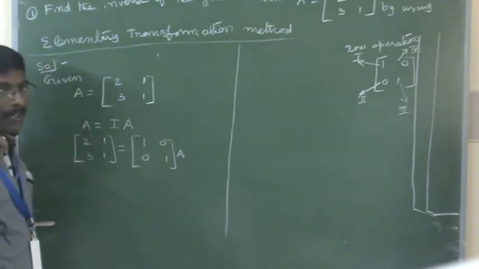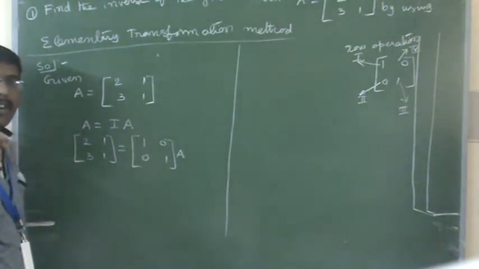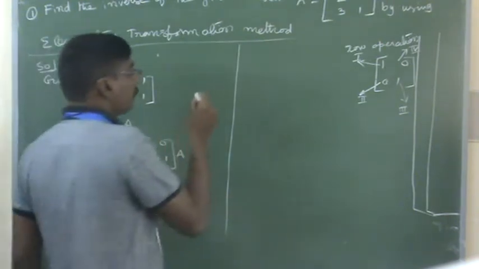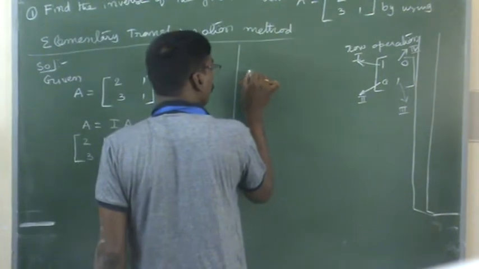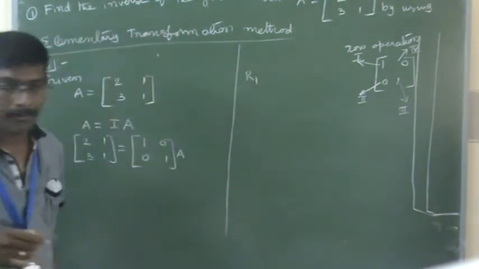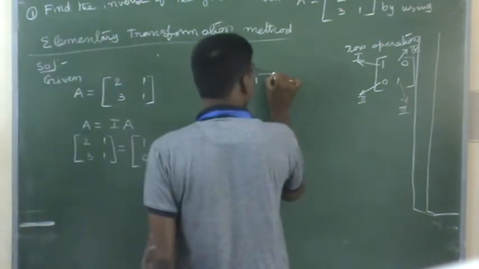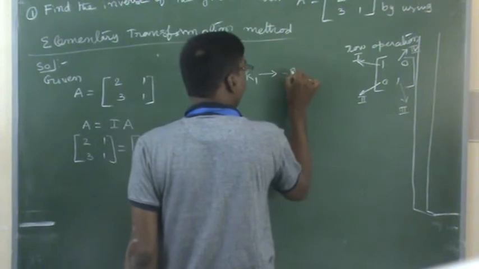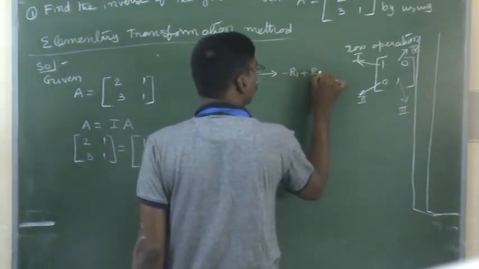Here we are using elementary row operation. Row operation, how are we solving? Say very clearly. R1 maps to minus R1 plus R2.